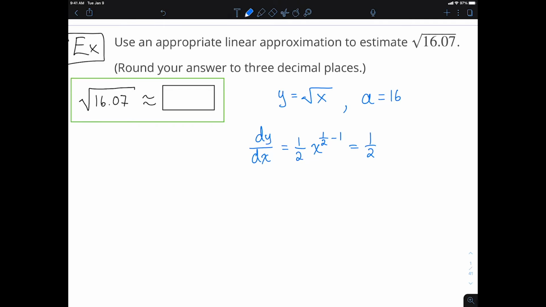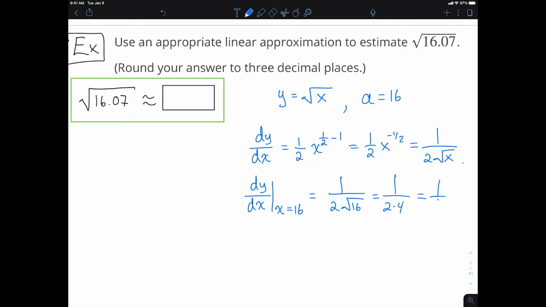So we get 1/2 x to the minus 1/2, which is the same as 1 over 2 times the square root of x. There's our derivative of the function square root x. Now we need to evaluate that at x equals 16 so that we get the slope of the tangent line, which is going to be our linear approximation at x equals 16. So we evaluate dy dx at x equals 16, and that just means plug in x equals 16. This is 1 over 2 times 4, which is 1/8. There's our slope.